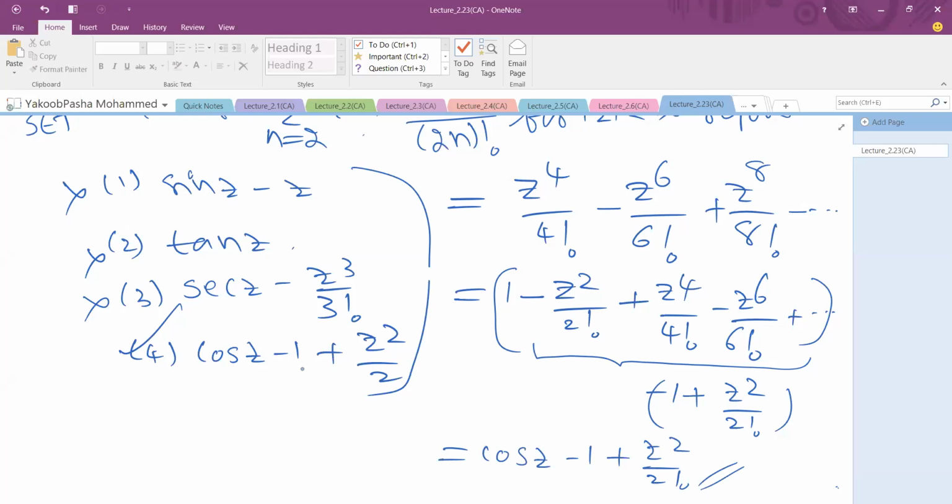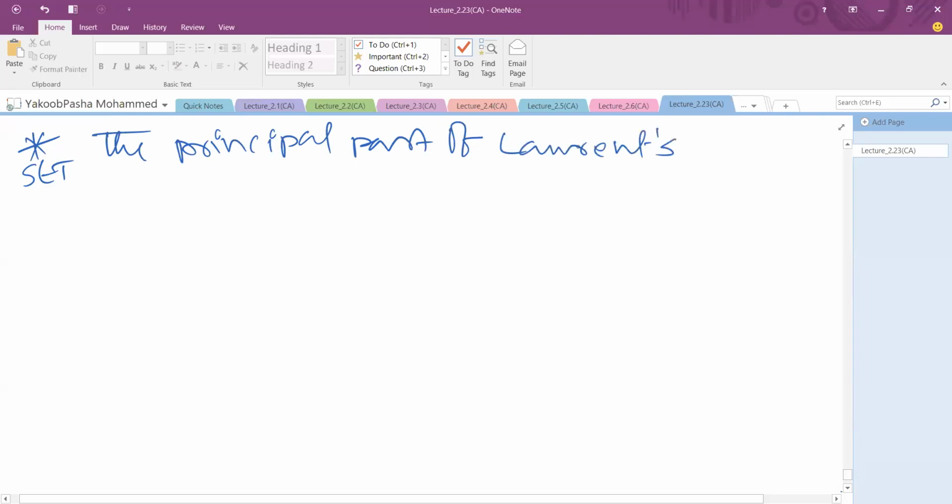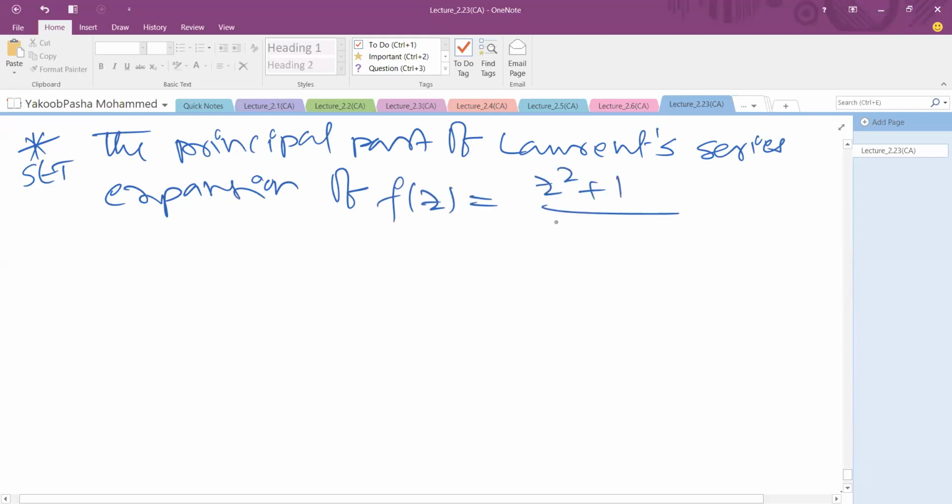I'm taking the principal part of Lorentz series expansion of f of z is equal to z square plus 1 divided by sine z cube is.